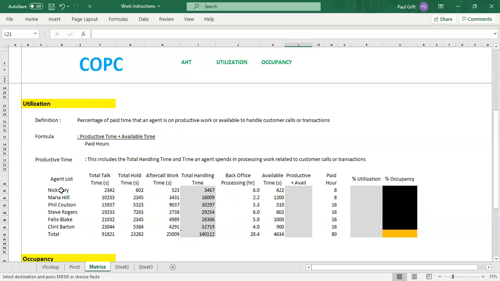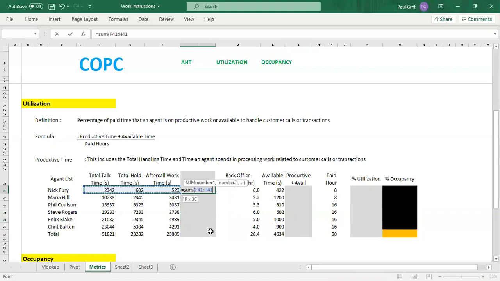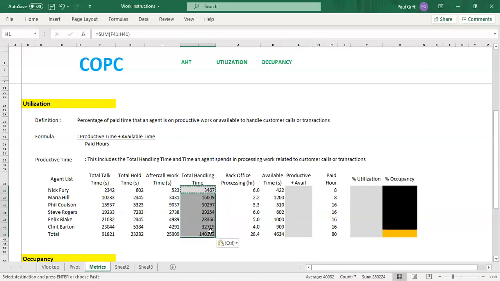So we have again the agent list, the talk time, the hold time, and the after call work. We know that the total handling time is a summation of these three. Other centers or other campaigns do not include the hold time.